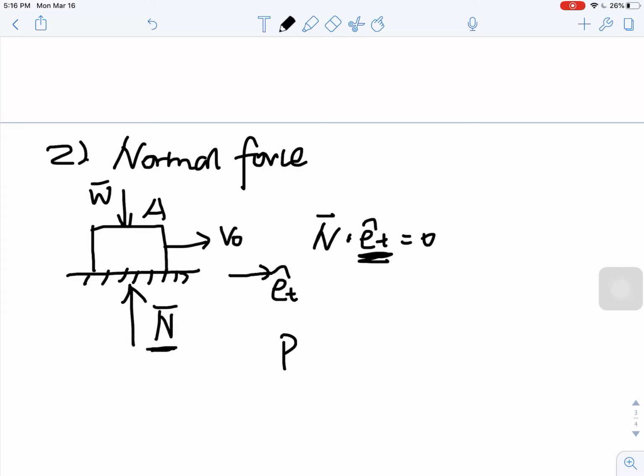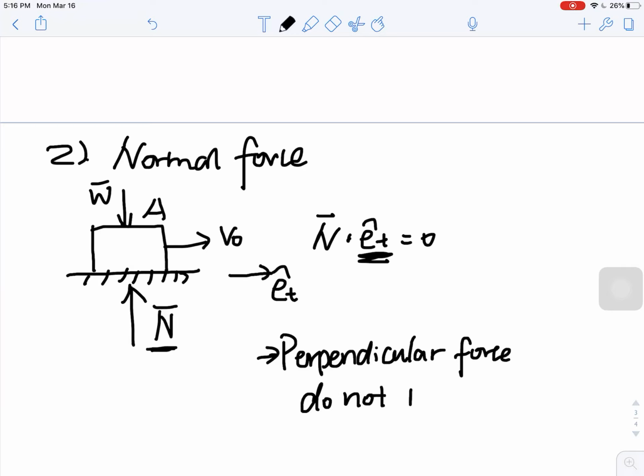Perpendicular here means perpendicular to the motion. Keep that in mind.